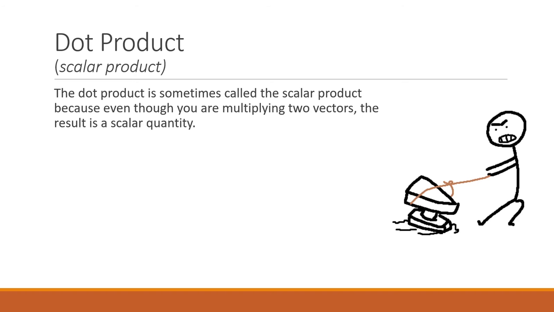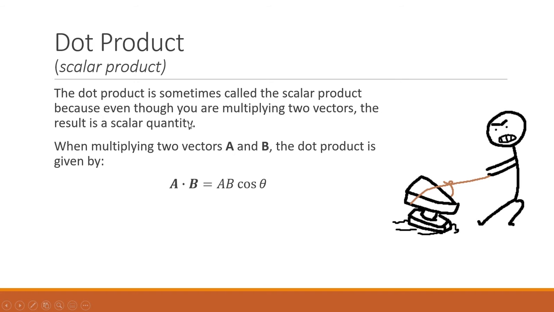Now, the dot product, sometimes also called the scalar product. It's called the scalar product because when you multiply two vectors through the dot product technique, you get a scalar quantity. When multiplying two vectors A and B, the most important thing to remember is this.